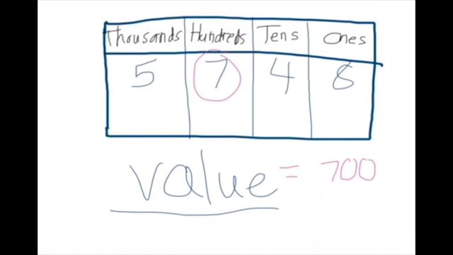And when I say that number really slow, 5,748, you can hear me saying this place value right in the number, right? 100. So our value is 700. It's so important when we look at a number and a place value to remember that it has a special value.